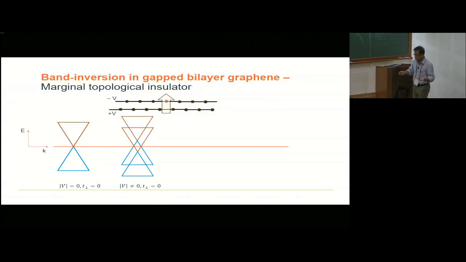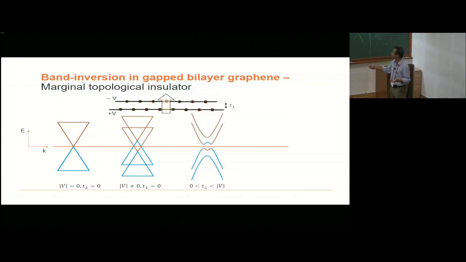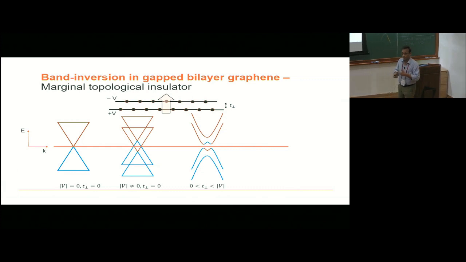And then I switch the interaction between the two layers on, something like a coupling, and now you can see that a little bit of band inversion takes place. So this is a valence band-like structure, and this is a conduction band-like feature. And in the case of a finite electric field, the small-gap bilayer graphene is some form of topological insulator.